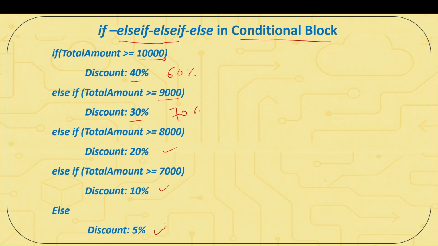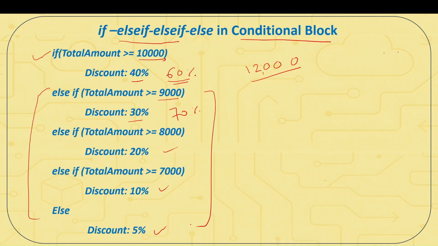If suppose total amount is 12,000, what are we expecting? It's greater than 10,000. So the customer will get 40% discount, he has to pay 60%. Now once this condition is executed, our requirement is that other conditions should not get checked.